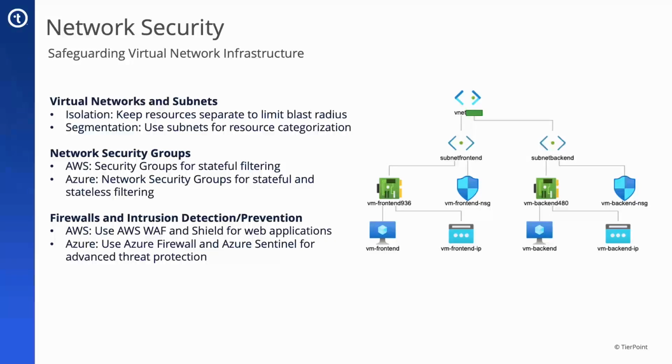Azure Sentinel is a cloud-native security information and event management platform that collects data across users, devices, applications, and infrastructure, both on-prem and across multiple cloud providers. It'll use AI and analytics to identify security anomalies and potential threats, and it allows for automated responses to security incidents. These services are essential for enhancing cloud security, offering various levels of protection to meet different organizational needs.